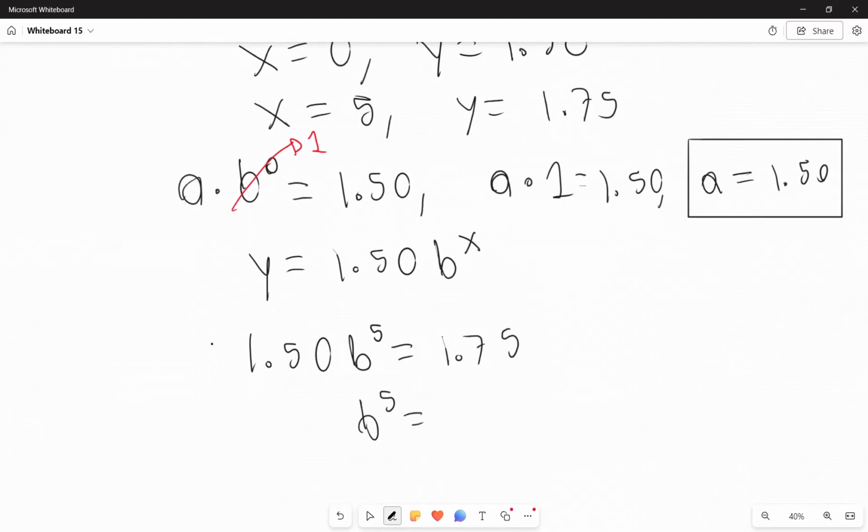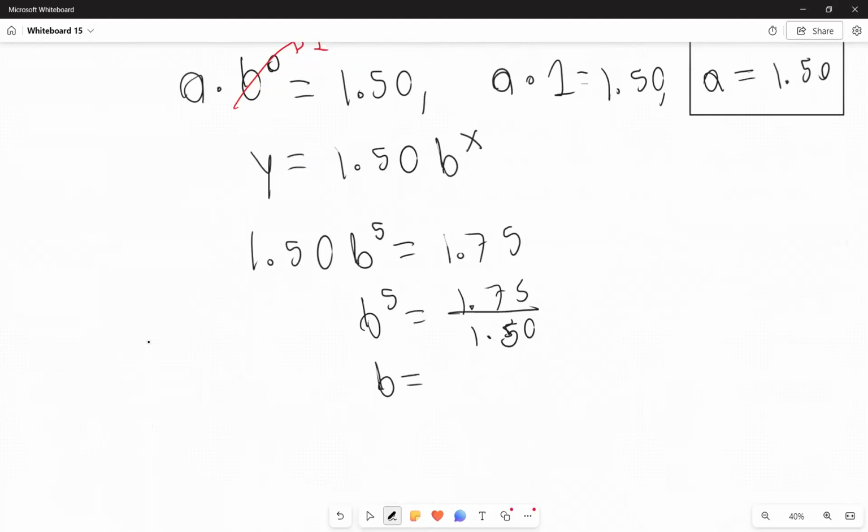B to the fifth power is 1.75 over 1.50. So b is the fifth root of 1.75 over 1.50, or 1.75 over 1.50 to the power of 1/5.